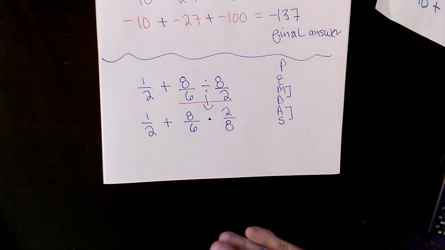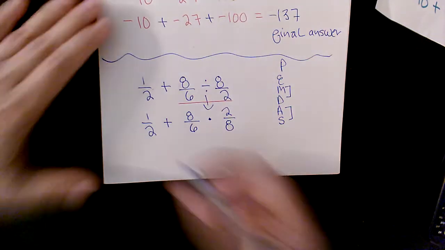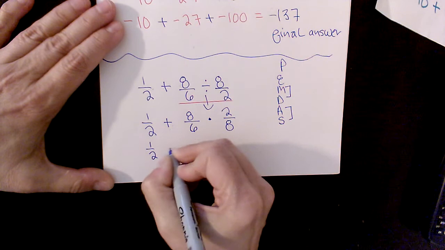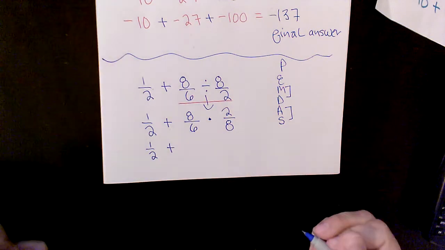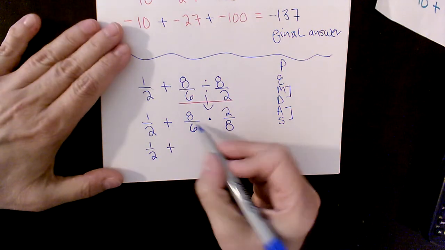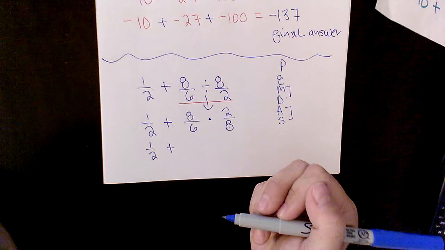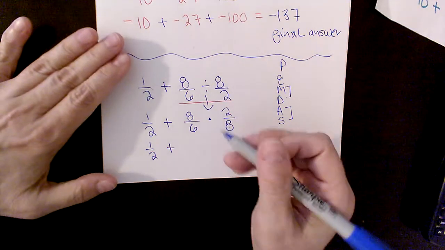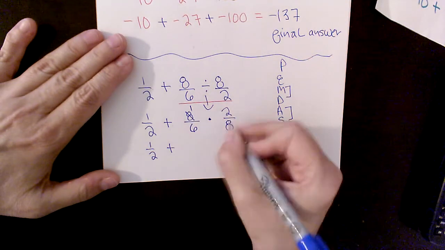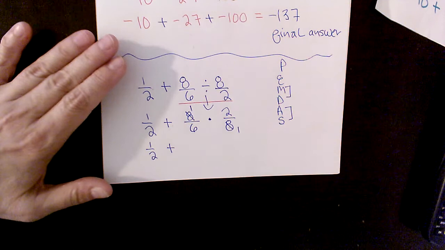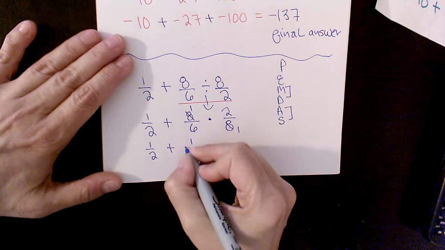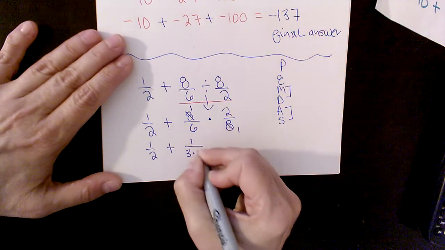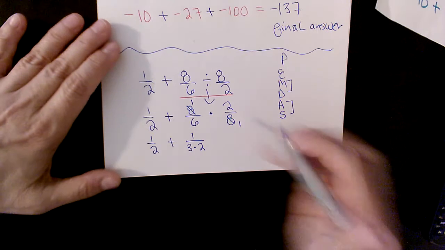I'm going to flip the 8 over 2, it becomes 2 over 8. And let's see, the 8s are on the diagonal, so you know you can cancel those out, right? And 6 we can rewrite as 3 times 2.